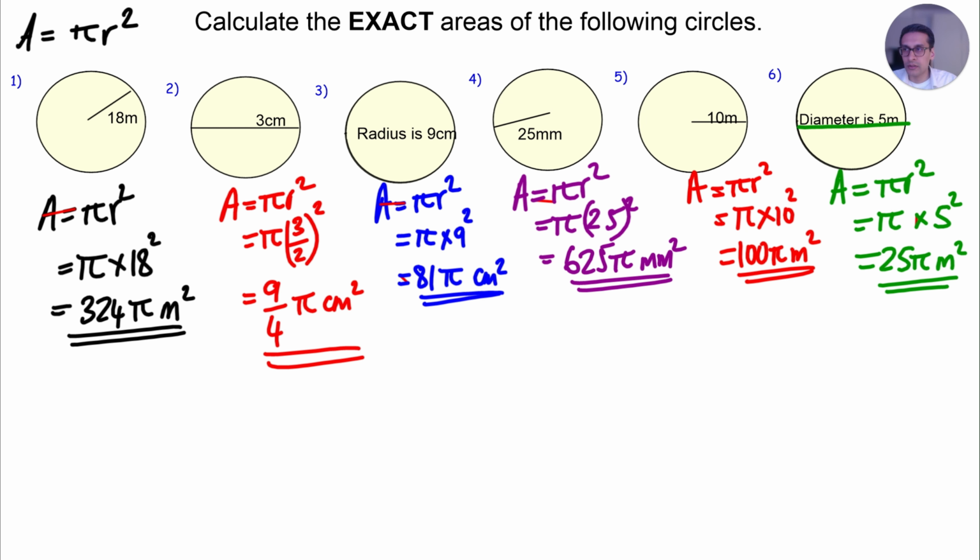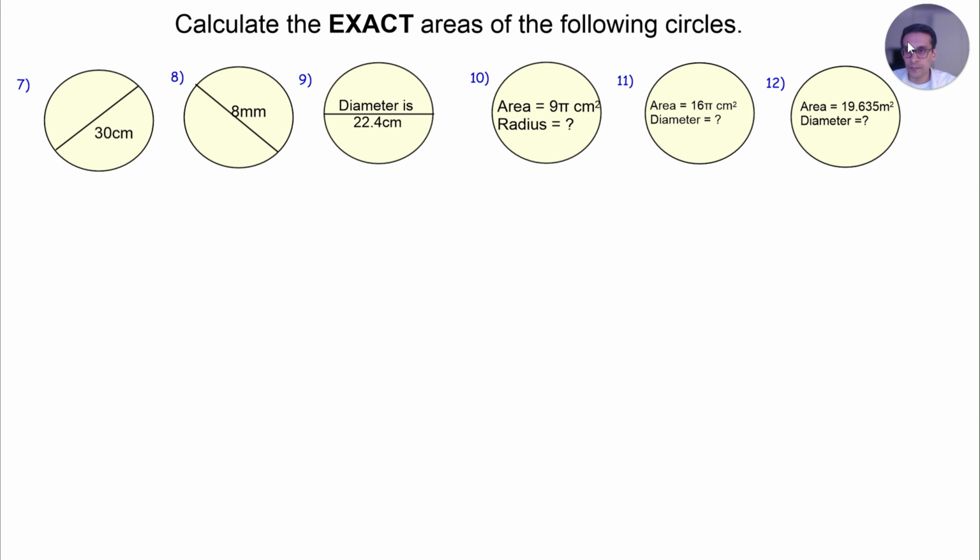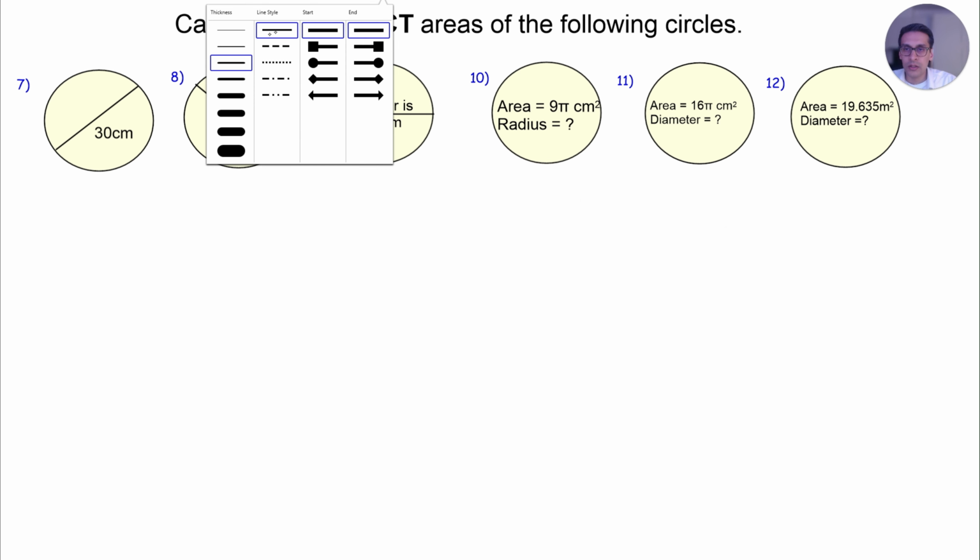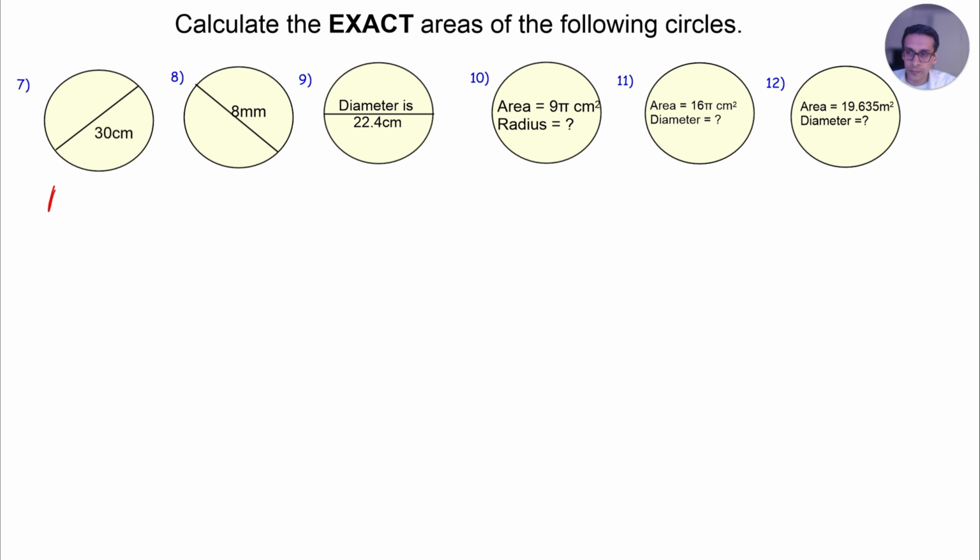Okay, the next set of questions you would have done, we're going to work through these now. So that's pi times, now the radius here is 15, so we're going to do 15 squared. So that's going to equal 15 times 15 is 225, so 225 pi centimeters squared.